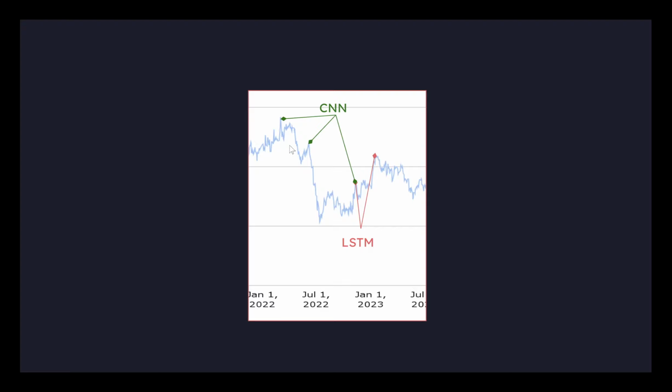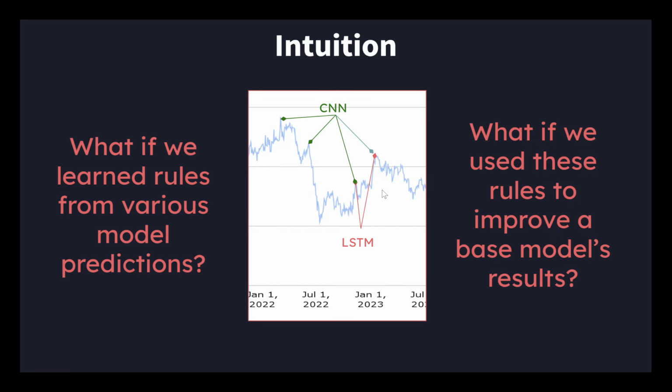So even though the LSTM performed worse overall than the CNN, we had an idea, right? What happens if we try to learn rules from various model predictions, even from models that perform worse overall? Because what happens if we can use these rules to improve a base model's results? And yeah, that's how we turn this into a Neuro Symbolic problem.